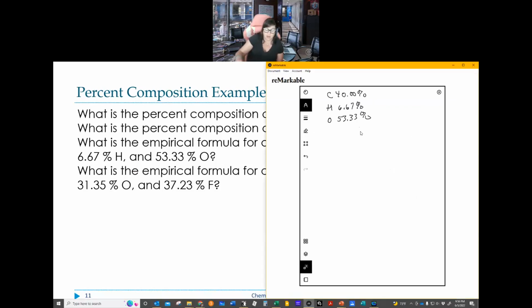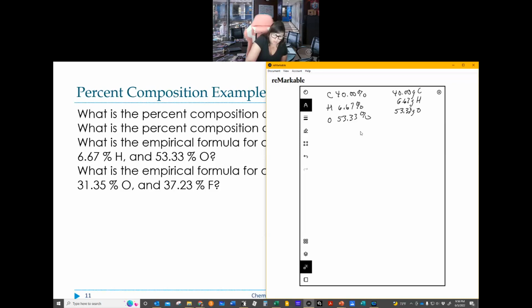So I know that these are the percentages that I have. If I assume that I have 100 grams, that means that I have 40 grams of carbon, I have 6.67 grams of hydrogen, and 53.33 grams of oxygen.